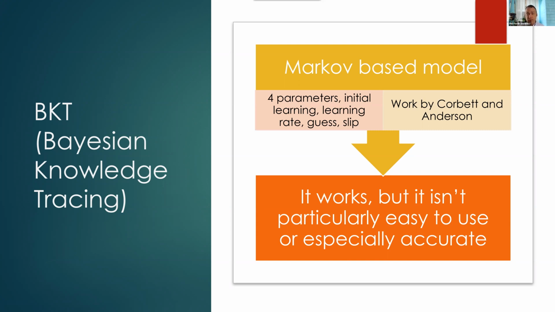One reason it's tractable to implement in a system as large as the systems that Carnegie Learning operates with the cognitive tutor is that having a simpler model is necessary if you're going to make it work with thousands of students.